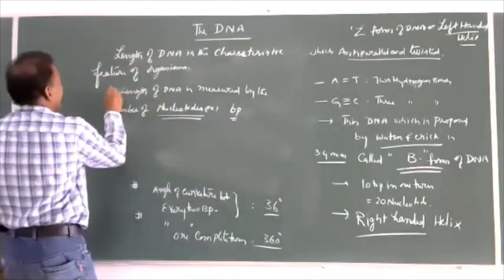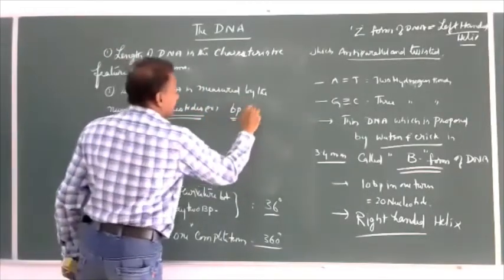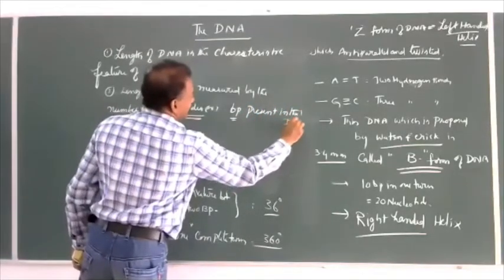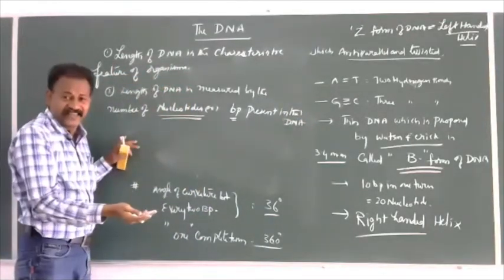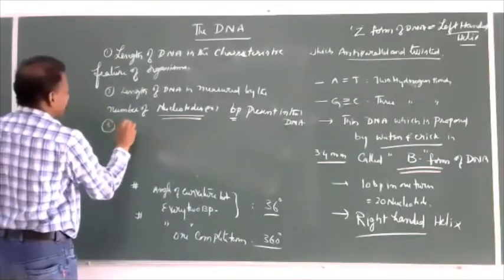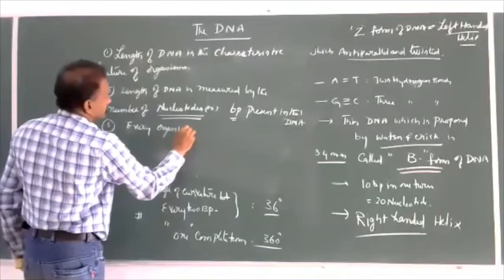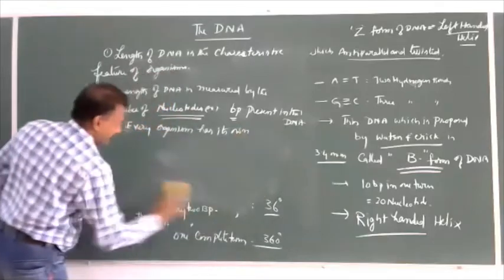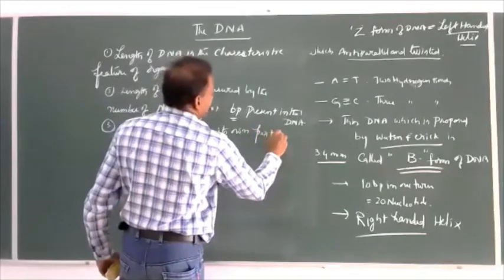Length of DNA is measured by the number of nucleotides or base pairs present in that DNA. And every organism has its own DNA of a particular length.